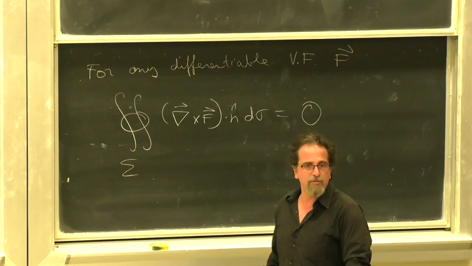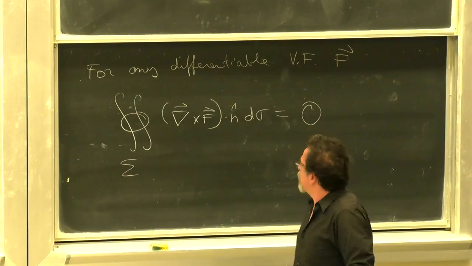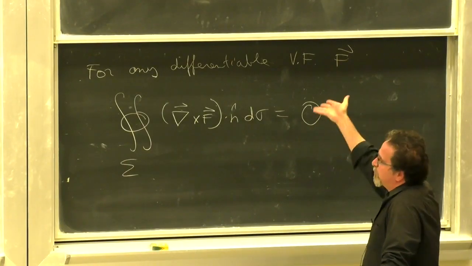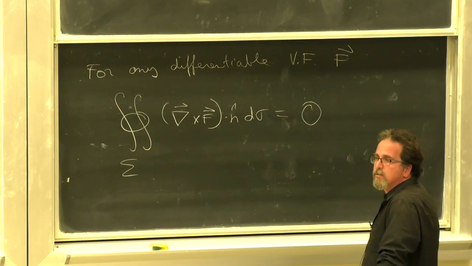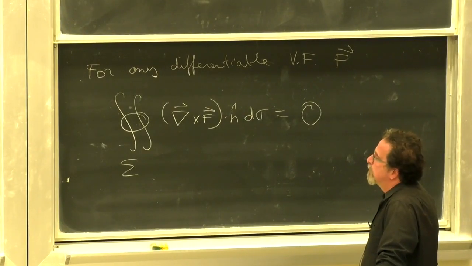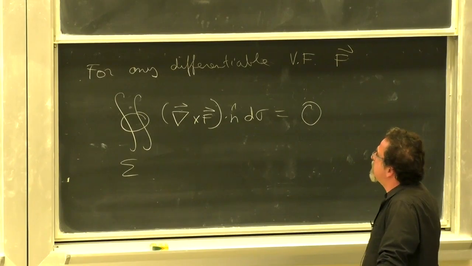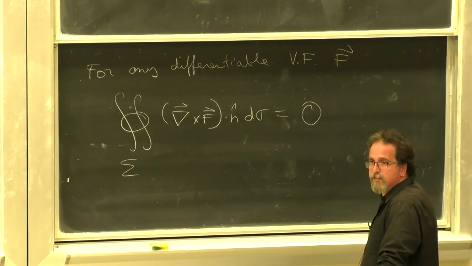Every vector field, this is true. If you integrate the flux of the curl through a closed surface, it's equal to 0. And this is for any closed surface and any vector field.